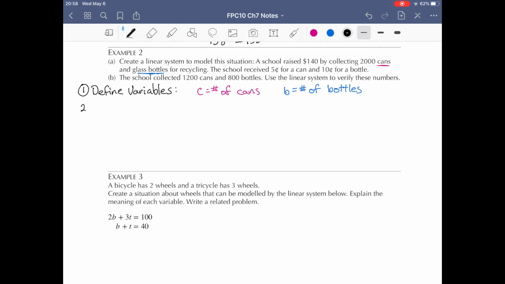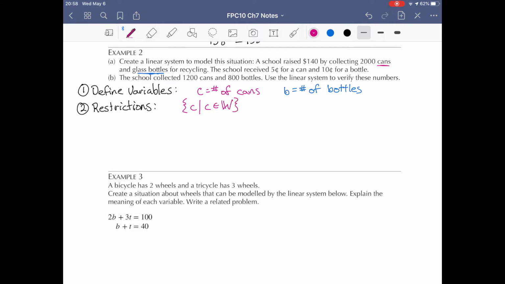Number 2. Now we're going to restrict our variables. Write down our variable restrictions. So, the number of cans has to be positive, and it can't have decimals. So our number of cans has to be an element of the whole numbers.